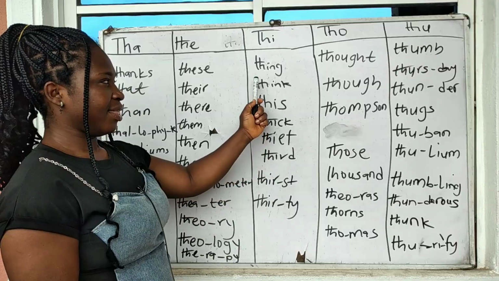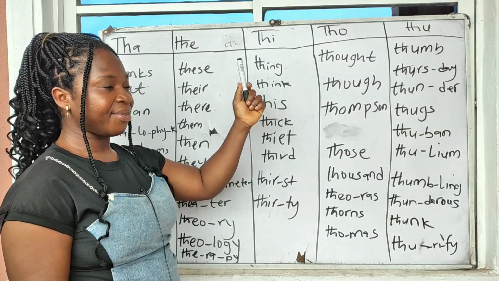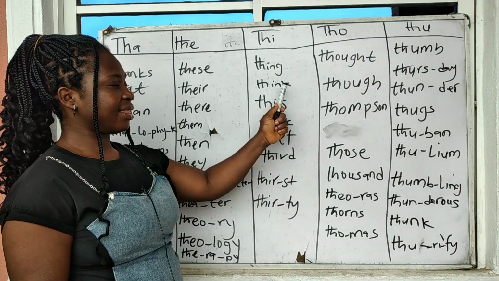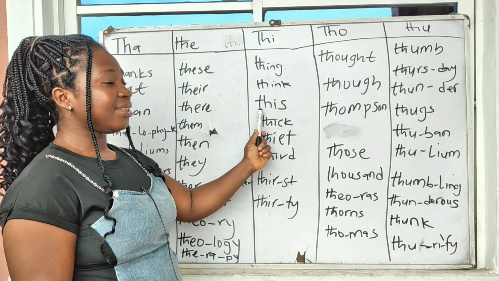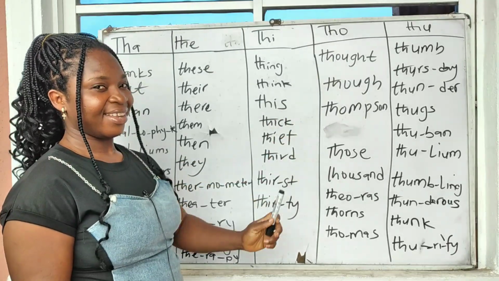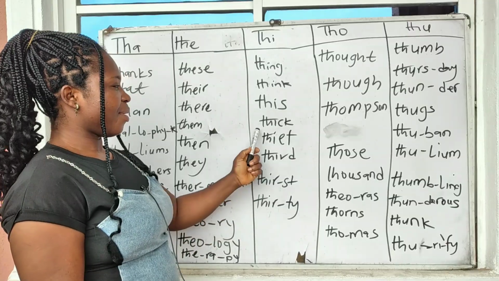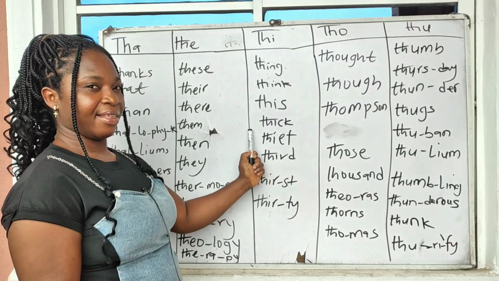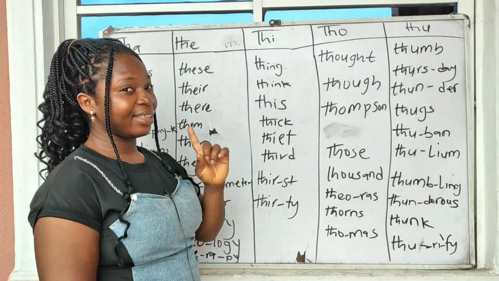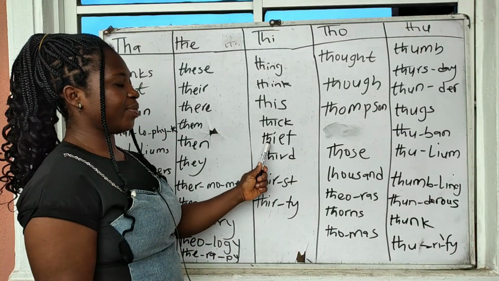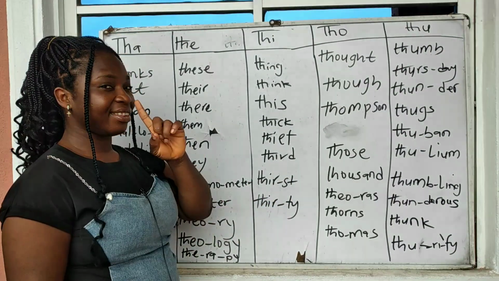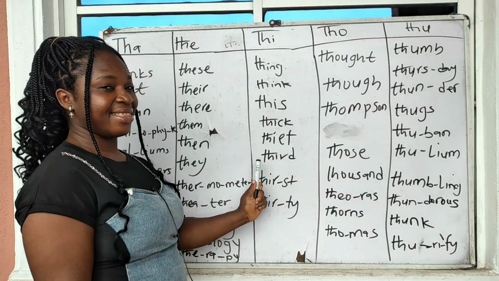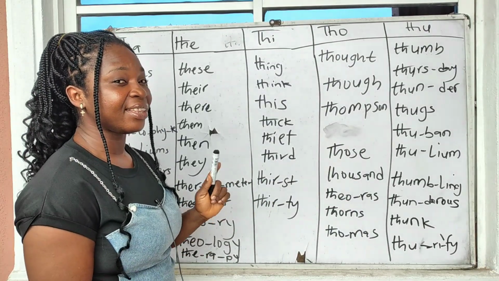Now we have thin. It is sounding t. Think. It is sounding t. This. It is sounding d. We have thick. It is sounding t. We have thief. It is sounding t. Third. It is still sounding t.